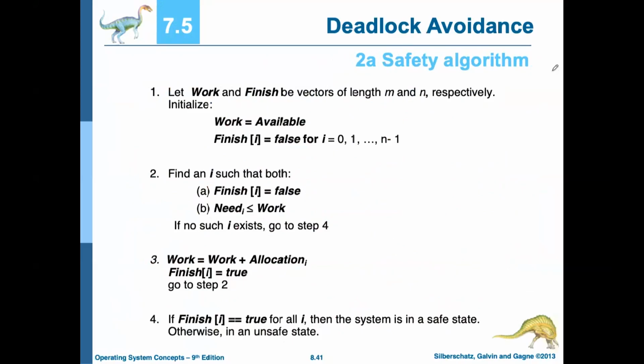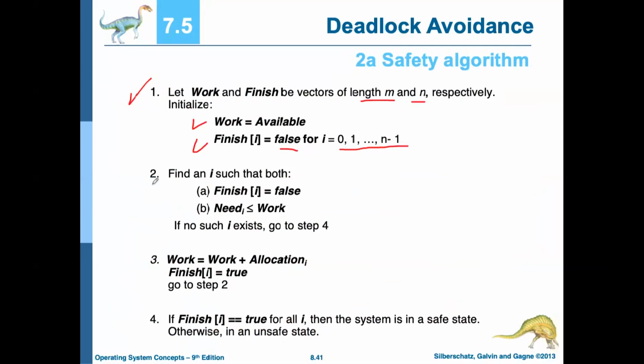Regarding the safety algorithm. First, let Work and Finish be vectors of length m and n respectively. Initialize Work equal to Available, and Finish equal to false for i from 0 until n minus 1.